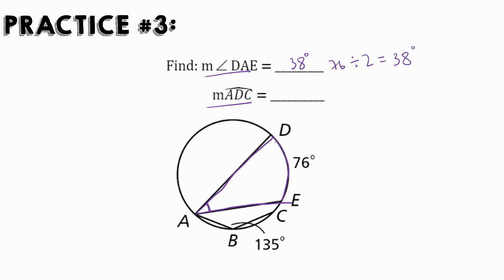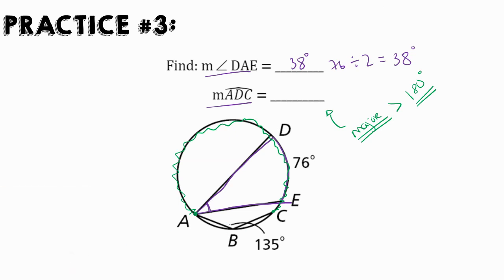For ADC, that's an arc. A, which way do I go? I have to go from A and then to D and then all the way to C. So I want to go all of this, right? That's a major arc, so it's going to be greater than 180 degrees. So let's think.